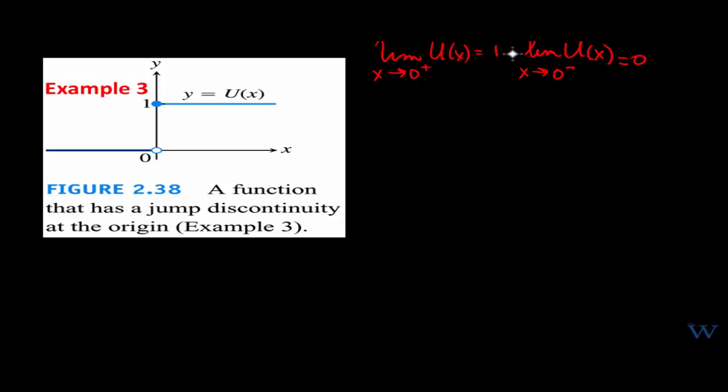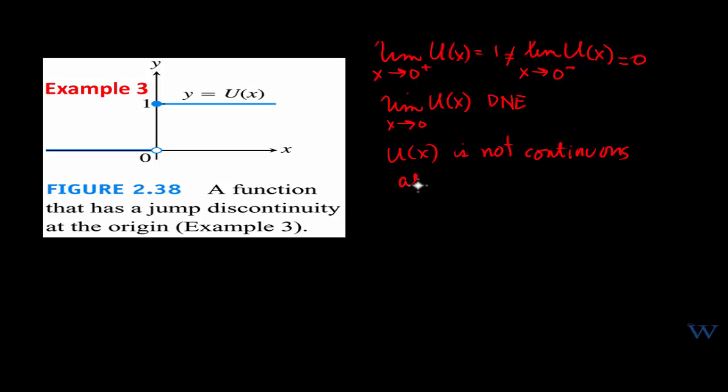And since these two one-sided limits are not equal, we conclude that the limit of u of x as x approaches 0 does not exist. So when the limit does not exist, automatically u of x is not continuous, but only at x equal to 0.